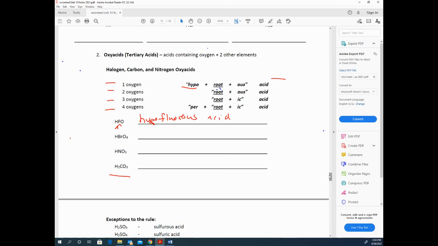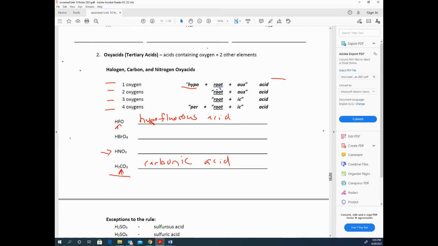With 3 oxygens, I don't have any prefix. I start with the root of the second element. Carbon is actually weird like sulfur, so you use the whole thing. Carbon and sulfur are the weird ones. You actually use their whole name. So carbon, but it says it's carbonic. So carbonic, tack on acid. And there we go. That's what we named it.